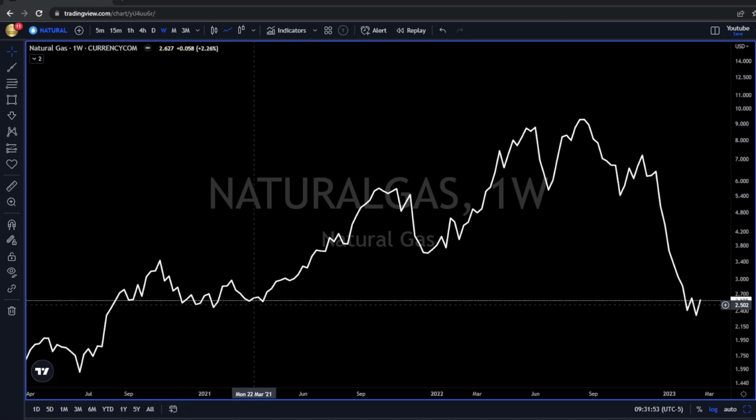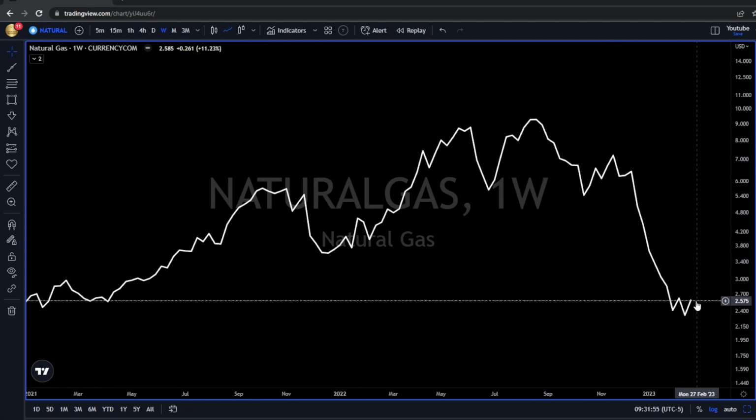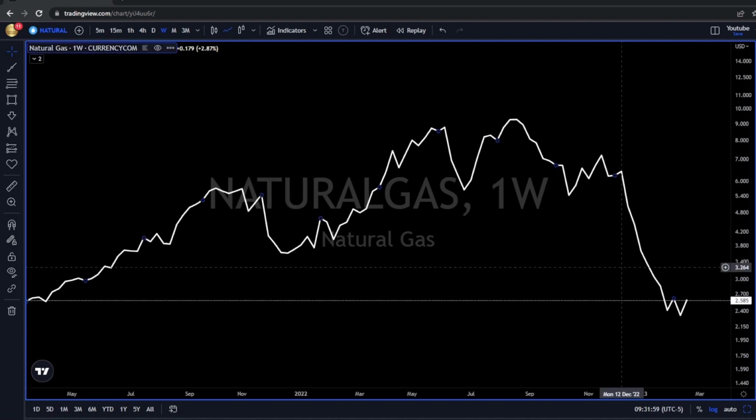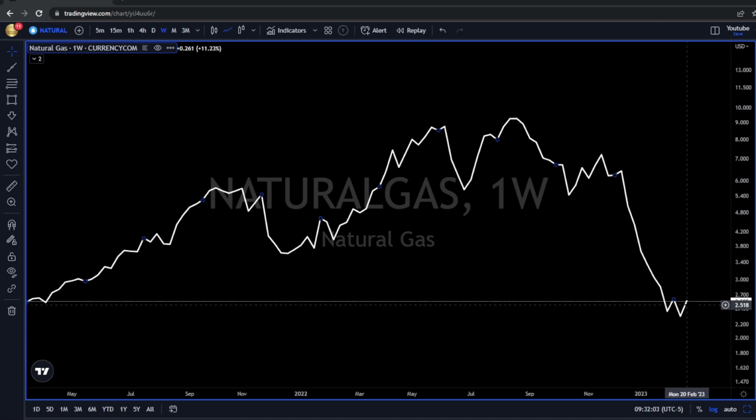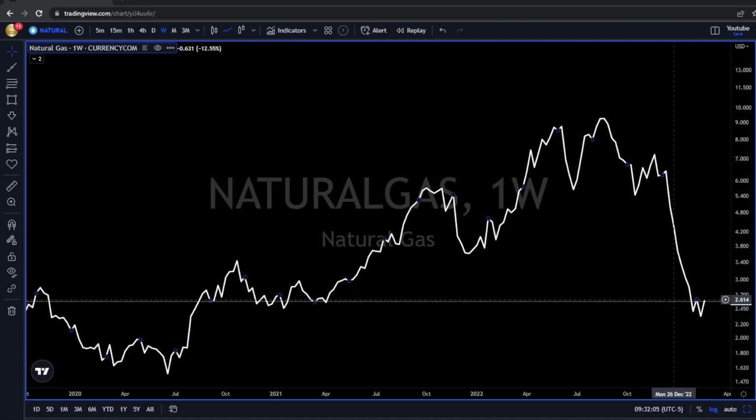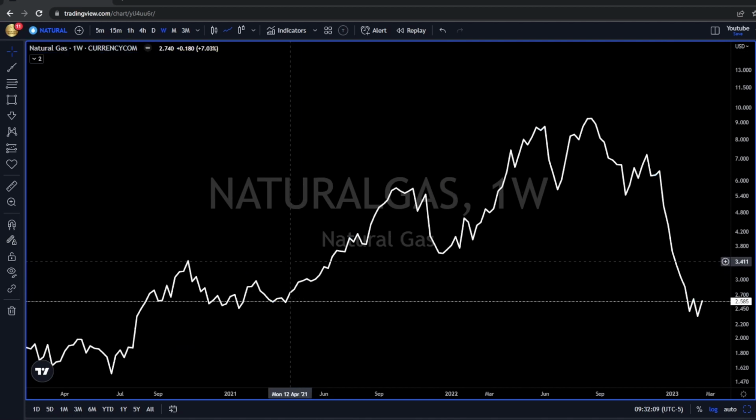It was a very strong support. Now this high and this week's close, it's just on this area. Closing above it, breaking above 290 and maybe even 340 to the upside.